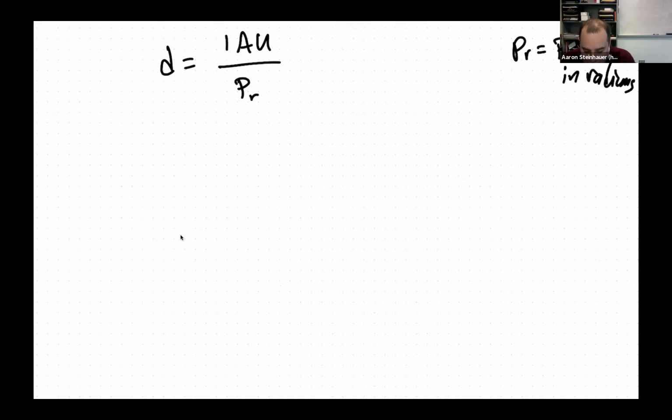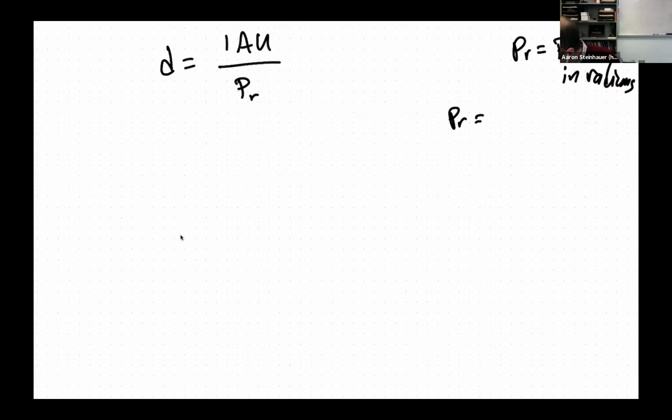And we're interested in having that be PA, the parallax angle in arc seconds. We know that PR is going to be a lot smaller of a number than PA, right?